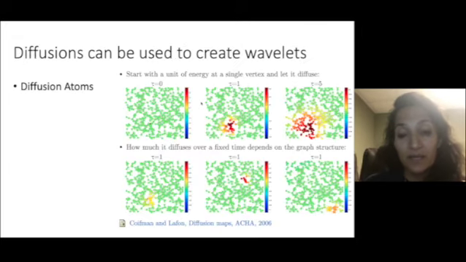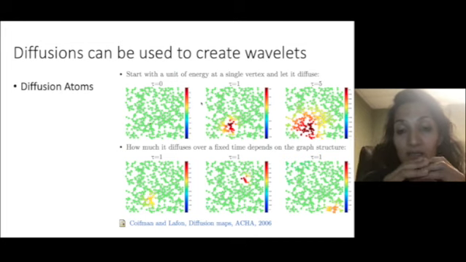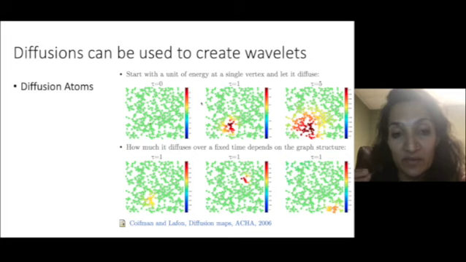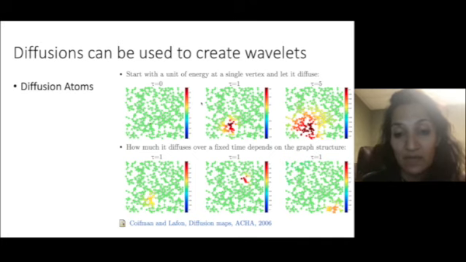But can we implement this concept of a more localized oscillation that we want to find in our graph signals? And the answer is yes, and more so that we can actually use the diffusion frameworks we've been talking about. Remember that diffusion spreads a signal out the more steps you go. So what you can actually do is start with a very contracted signal, which is just one at one vertex of your graph and zero everywhere else.